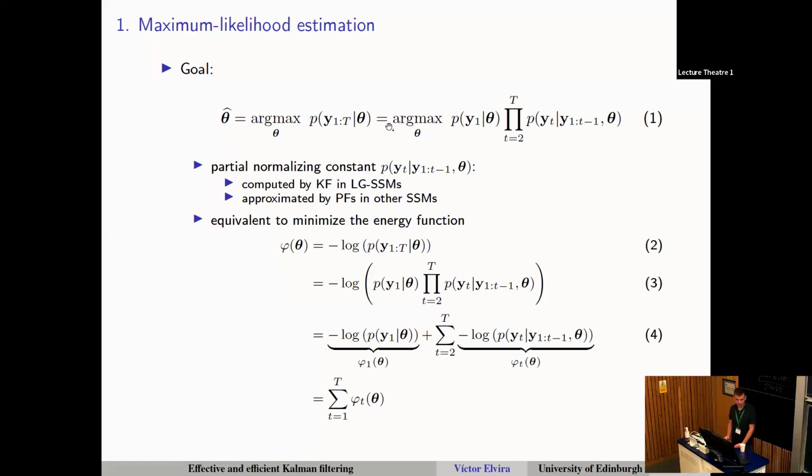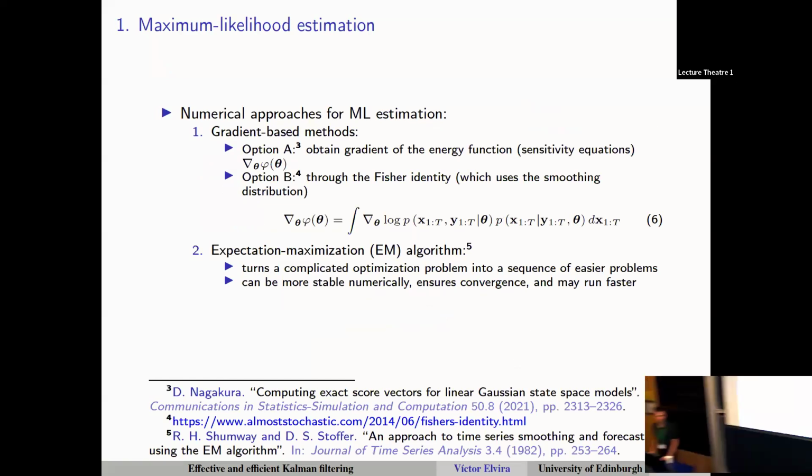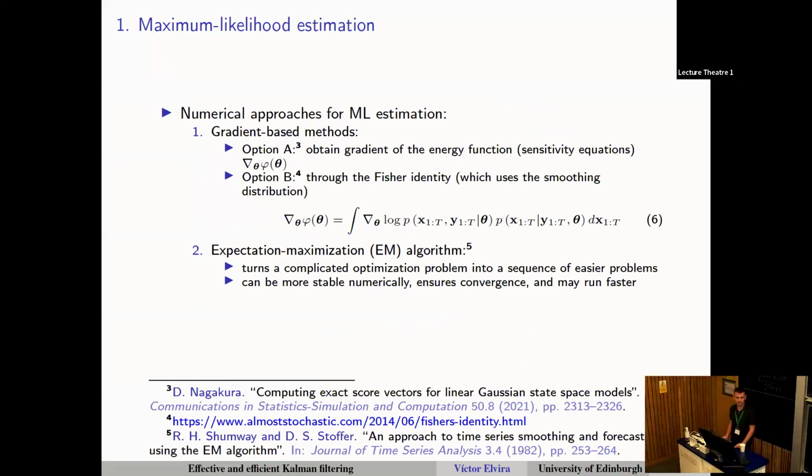That's not going to happen, even in the linear Gaussian system, which is what motivates the rest of the discussion. So you need to resort to numerical algorithms that will approximately find this theta for which the likelihood of the observations is maximum.